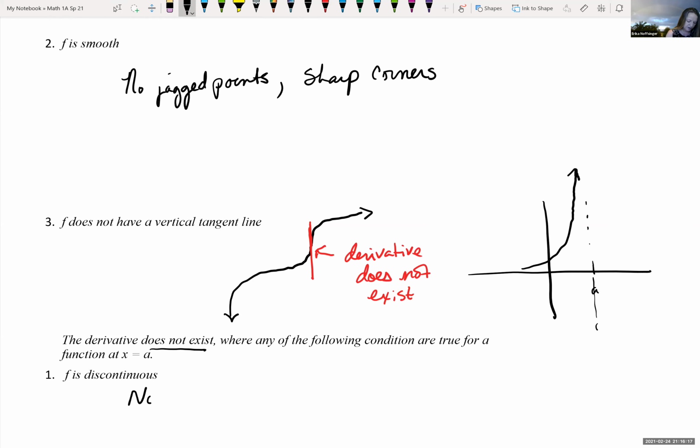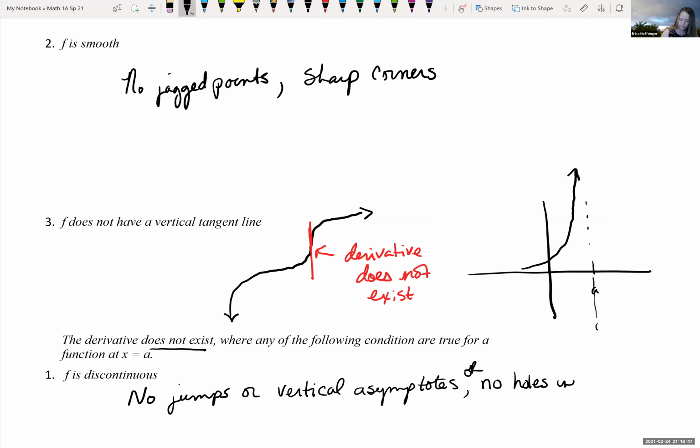So we have no jumps in there, or vertical asymptotes, no holes in the graph. So those would be values where it was discontinuous.